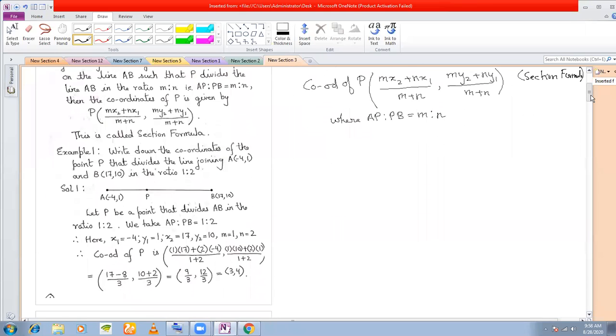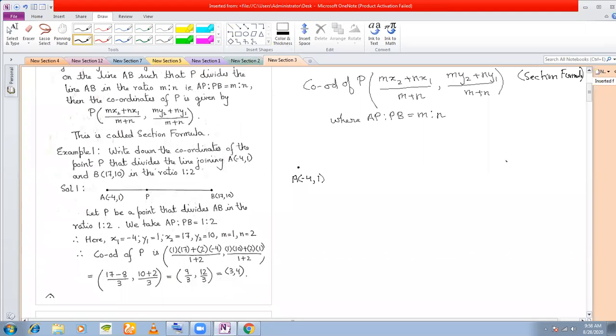Here see example 1 I have given you. Write down the coordinates of the point P that divides the line joining A minus 4, 1 and B 17, 10 in the ratio 1 is to 2. So let us take a point A here, coordinates given to be minus 4, 1.